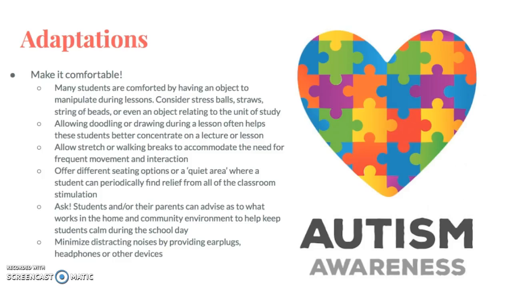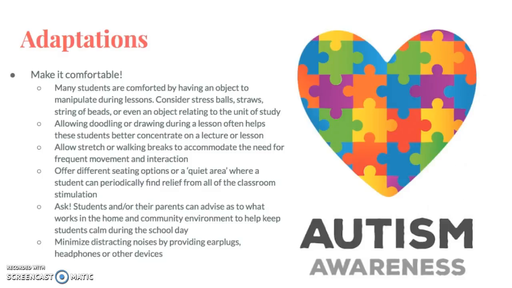Another adaptation is to make sure that these students are comfortable in your classroom, to make sure that they feel safe. Some examples of that: many students are comforted by having an object to manipulate, such as stress balls, straws, or Play-Doh. Allowing doodling or drawing during a lesson lets them take a break to better concentrate.